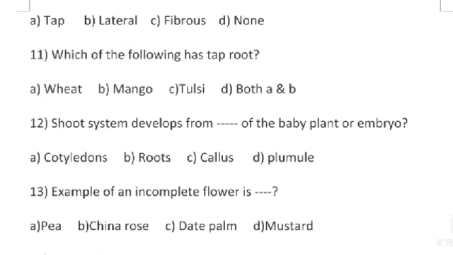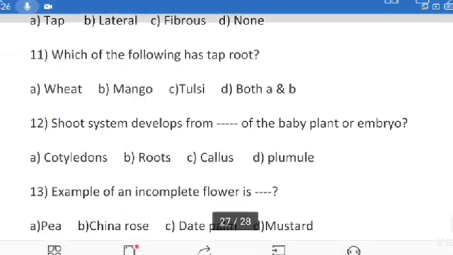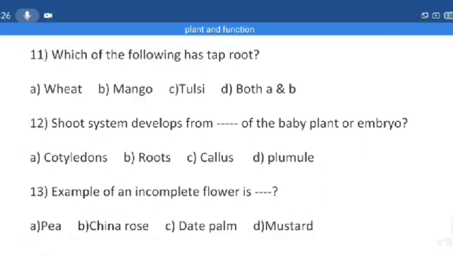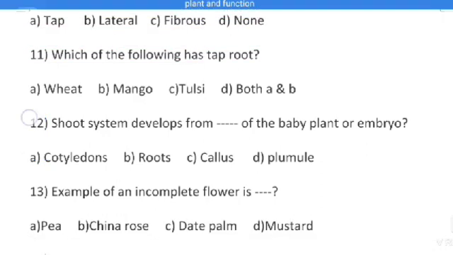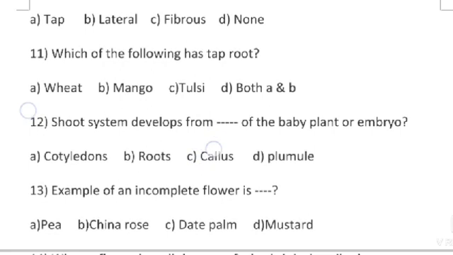Question number 12. The shoot system develops from dash of the embryo of the baby plant. A cotyledon, B roots, C callus, D plumule. The answer is D plumule.